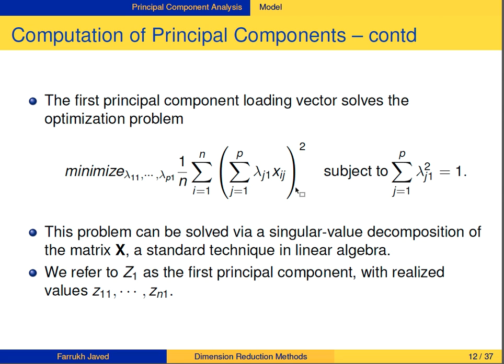So we take the linear combination, square it, sum across all the observations, divide by the number of observations, and we optimize this subject to the constraint. If we solve this optimization problem, then we get the lambdas. This is a way to estimate lambda for your first principal component.